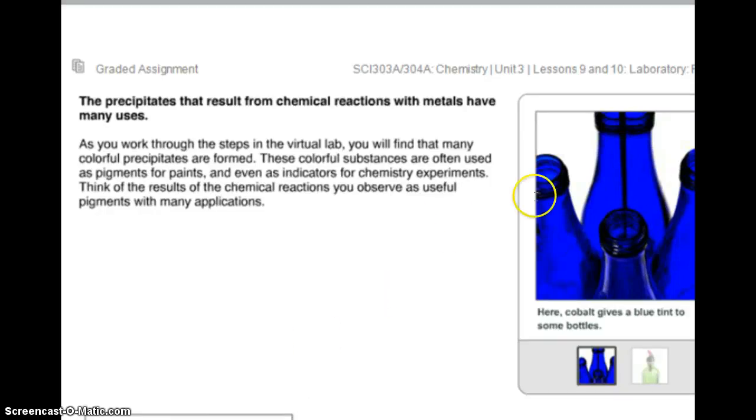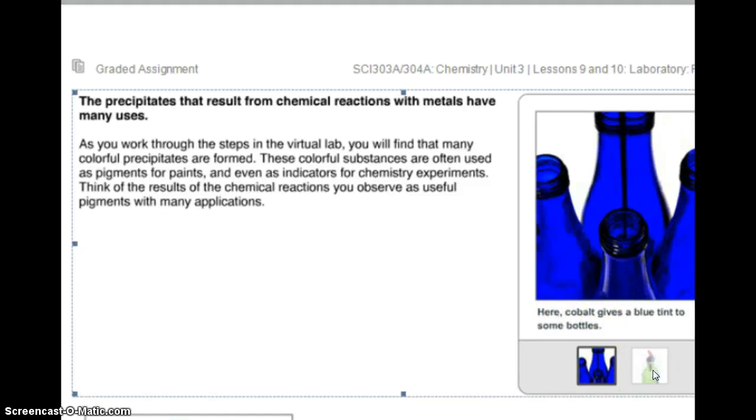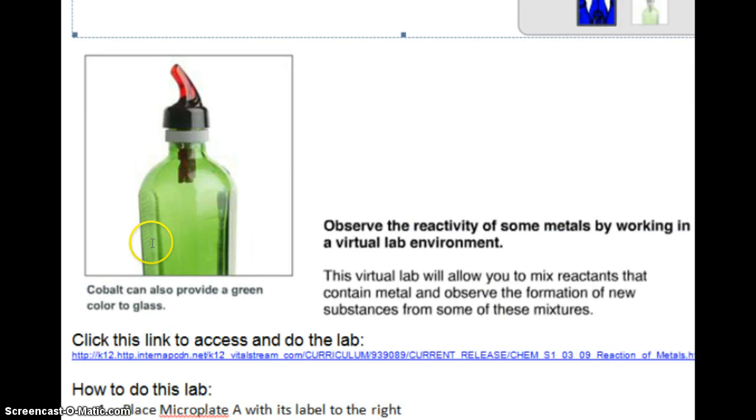Pigments means to give color. So here, the metal cobalt makes these bottles that really pretty blue color. That's why if you're into art, you might have heard of cobalt blue. It's from the actual element cobalt. Depending on what else you do with it, cobalt can also make a green color in glass.